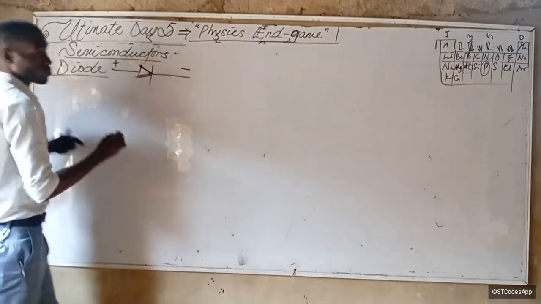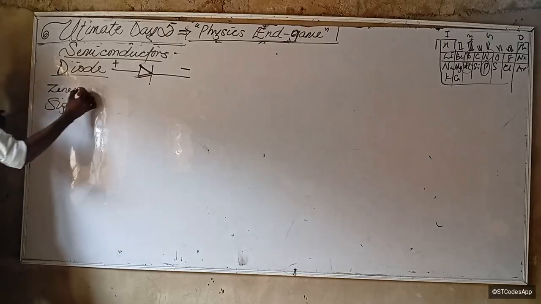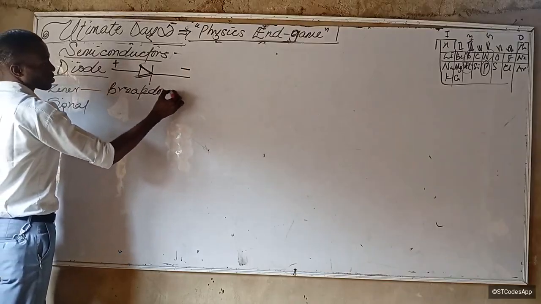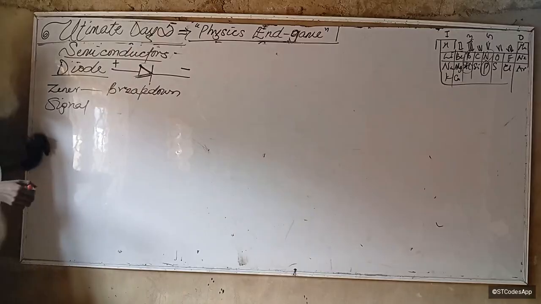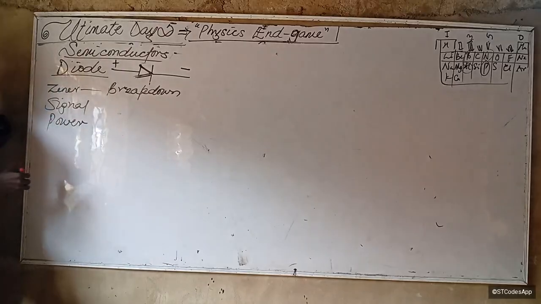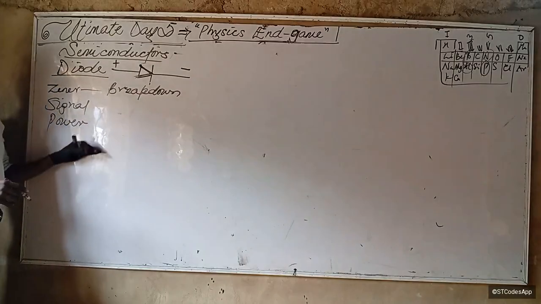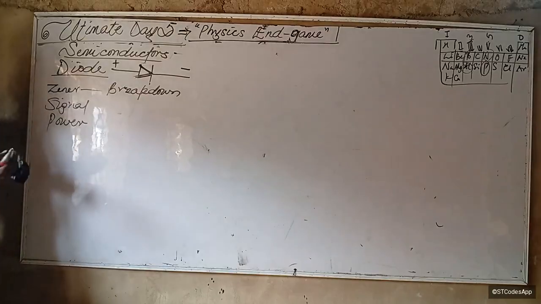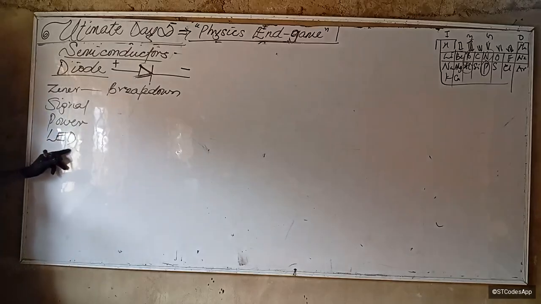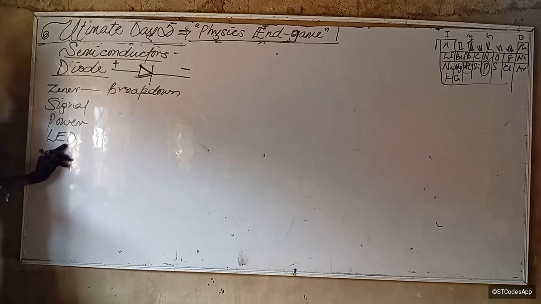And there are different types of diode. We mentioned the Zener diode, the signal diode. What did I call Zener diode for you? The breakdown diode. The signal diode, the power diode. There are about four: the signal diode, power diode, Zener diode, and LED, light emitting diode.